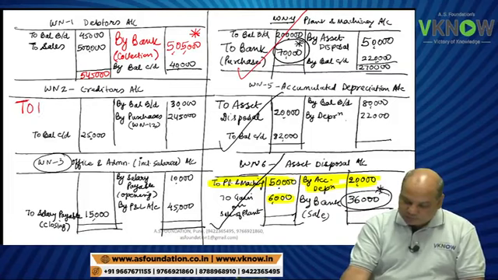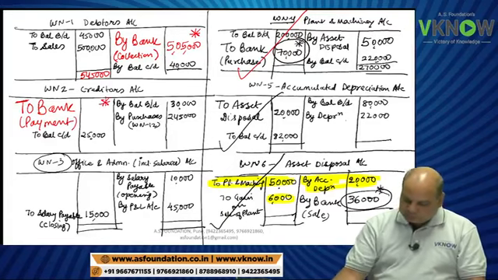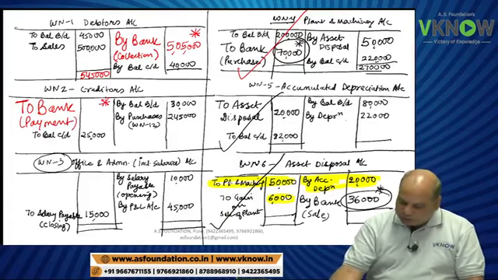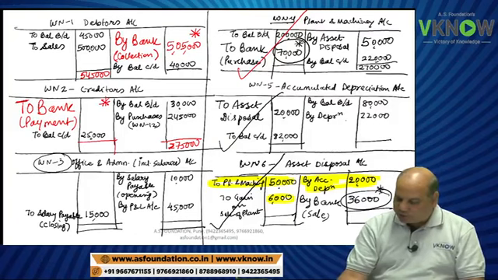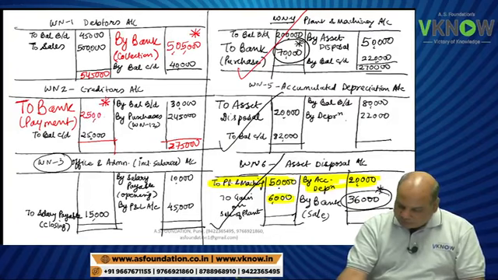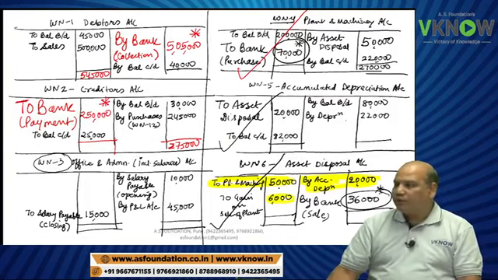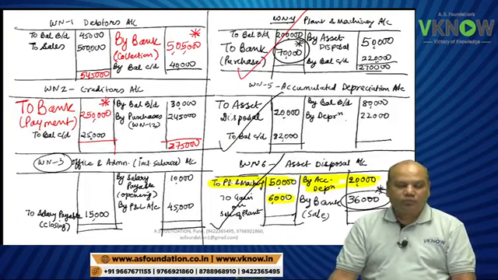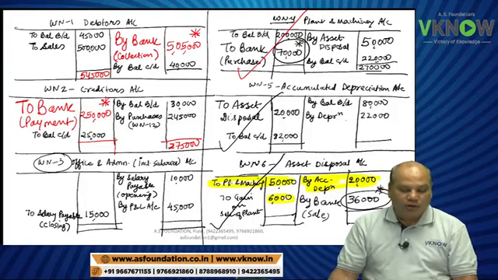Payment is missing, to bank. Take credit side total 2,75,000 minus 25,000. So the payment made is 2,50,000.